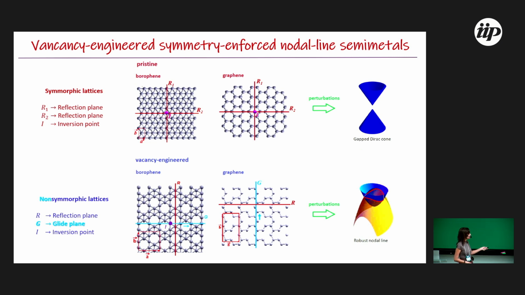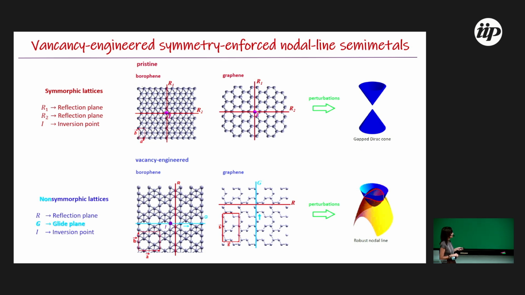And that's basically what gives rise to the Dirac cone, which, as I have told you, is fragile to perturbations, specifically to spin-orbit coupling. And that's an important point for applications, for example, because you want to use these materials in some kind of proximity with spin-orbit coupled materials.